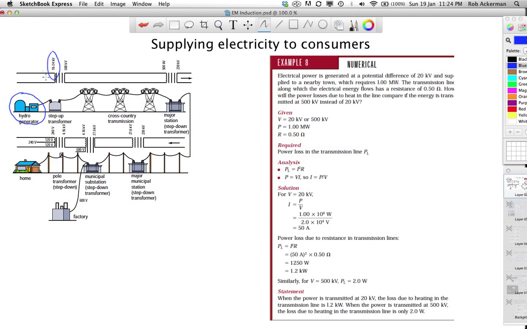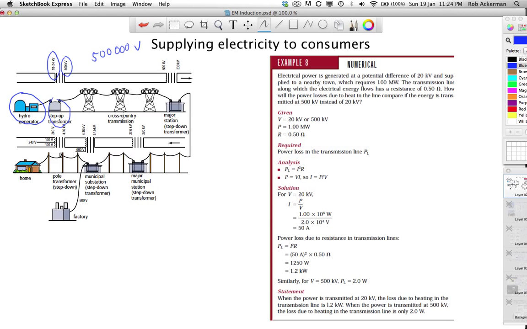Now, a transformer steps up the voltage to 500,000 volts, which sounds like a lot. You know these transmission towers that you see throughout the countryside and in various places throughout the city. They are, believe it or not, at 500,000 volt potential difference, which is a very high number.